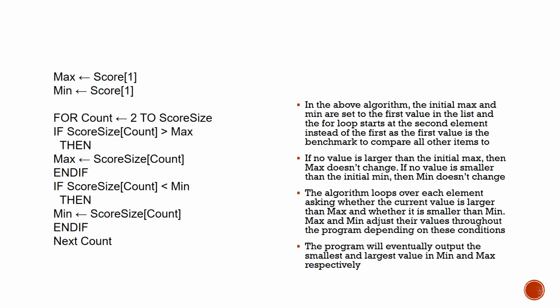If no element is found larger than the initial max, then the max doesn't change. If no value is smaller than the initial min, then min doesn't change. The algorithm loops over each element, asking whether the current value is larger than max and whether it is smaller than min. Max and min adjust their values throughout the program depending on these conditions. The program will eventually output the largest and smallest values in max and min respectively.